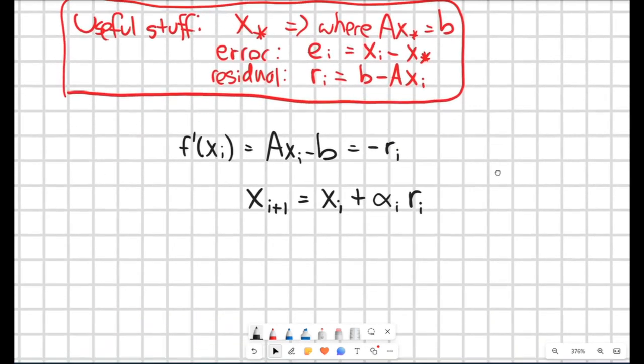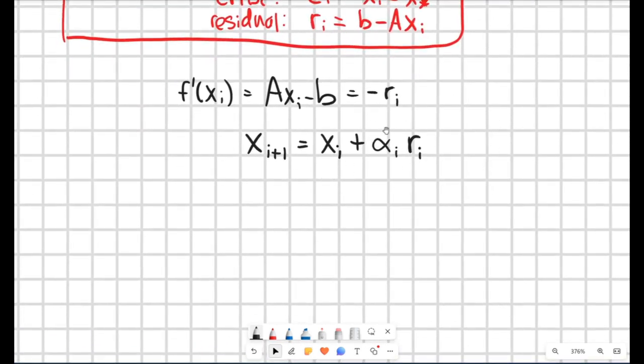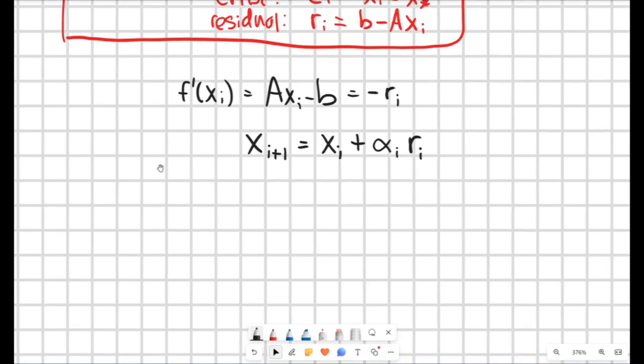So now all that's left to do is to determine what alpha should be. So we know which direction we're going to walk in, if you like. Starting from x i, we walk in the direction of the current residual. Now we just have to work out how far along that direction we should walk by defining alpha. So the best alpha will be the alpha that gets us to the minimum of f evaluated at x i plus 1.